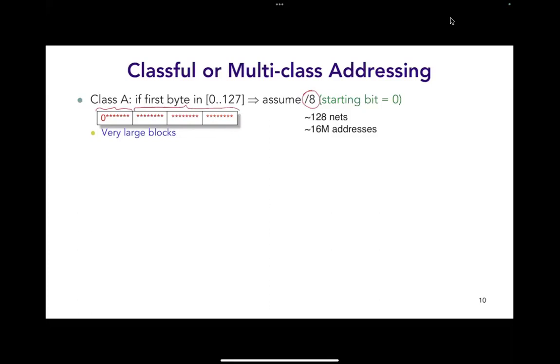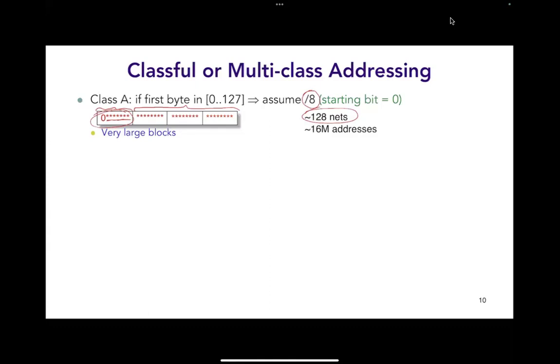So we only have 128 networks represented by the first 8 bits of the IP addresses. The first bit must be 0, so we are left with 7 bits, and 2 to the power 7 gives 128. So we have 128 different organizations which can be given class A IP addresses.